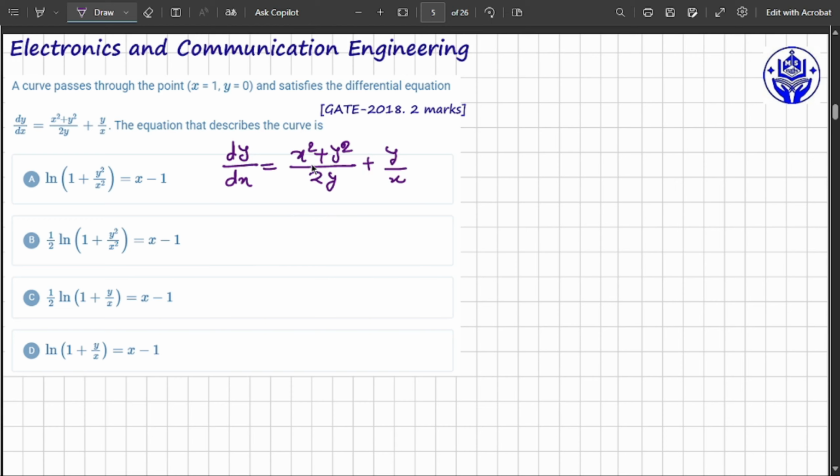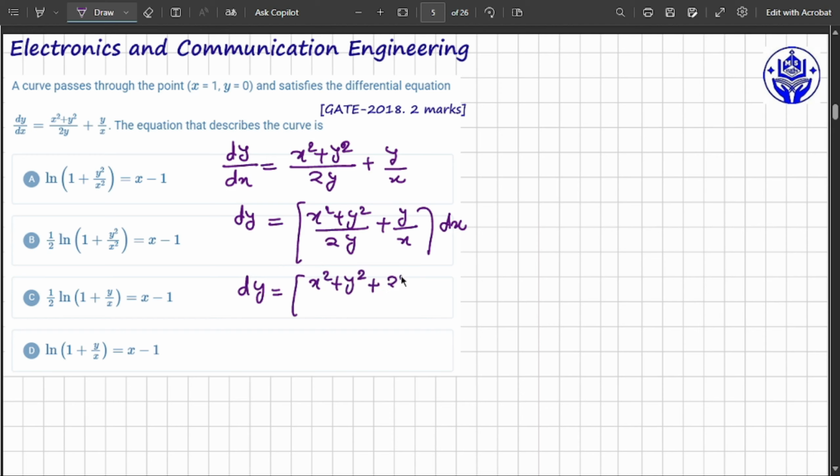Then we can't separate this directly, so we can just write it as dy equals x square plus y square upon 2y plus y by x dx. Now what we can do here is take the LCM.